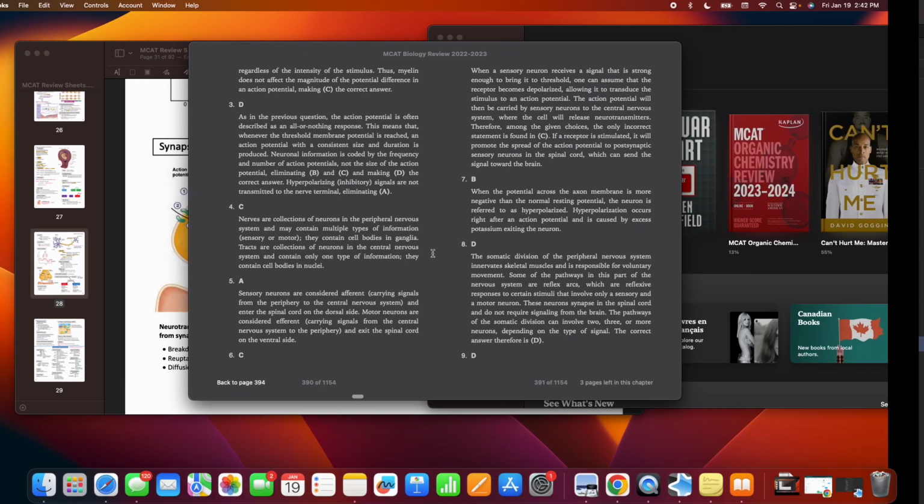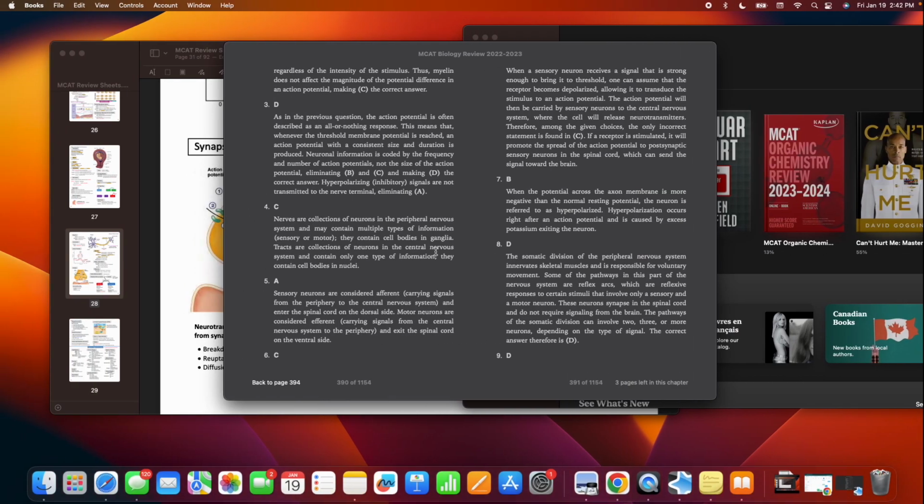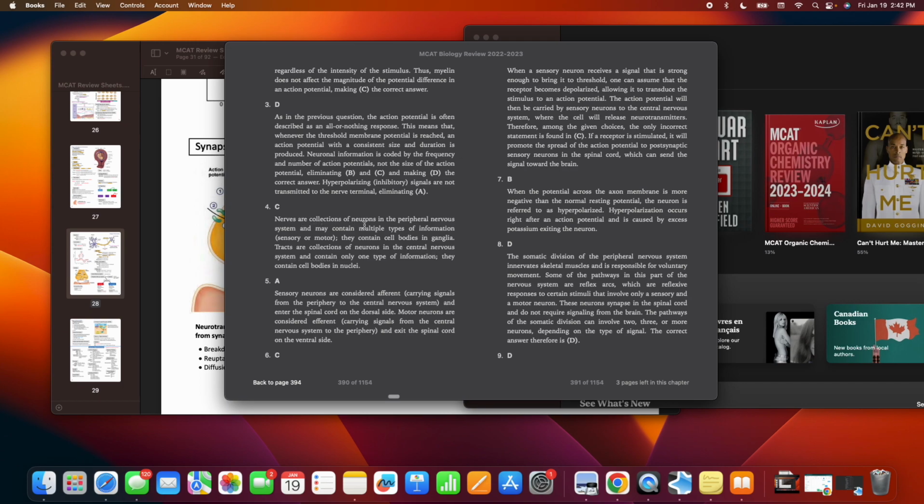Next question, the one that we answered incorrectly: difference between nerves and tracts. Nerves are collections of neurons in the peripheral nervous system and may contain multiple types of information, sensory or motor. They contain cell bodies in ganglia. Tracts are collections of neurons in the central nervous system and contain only one type of information. They contain cell bodies in nuclei.